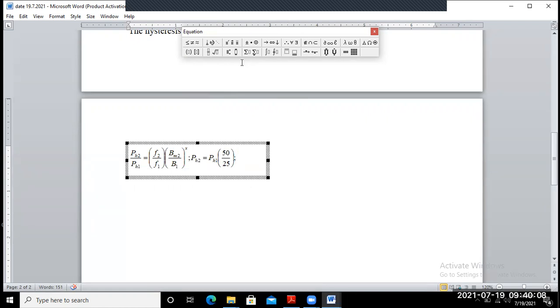That means hysteresis loss is double. Hysteresis loss is directly proportional to the core loss.